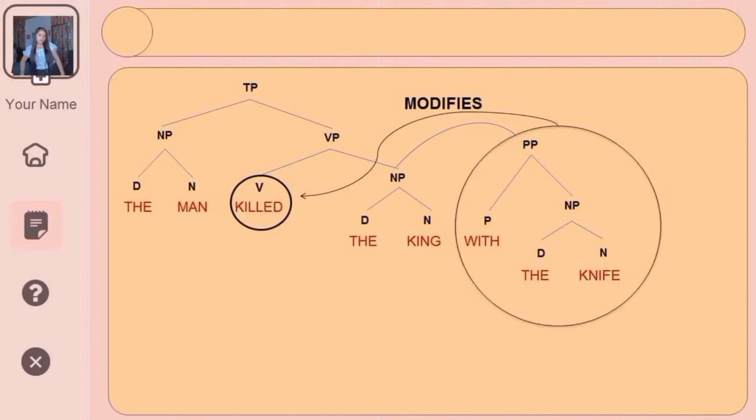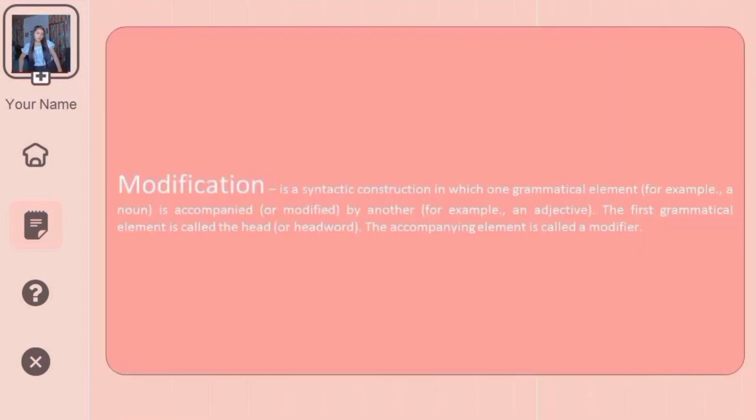This sentence has more than one meaning, but for the time being, consider only the easiest reading for it. The sentence is, the man killed the king with a knife. The man used a knife to kill the king is called a paraphrase, which is the technical term for another way of saying the same thing.